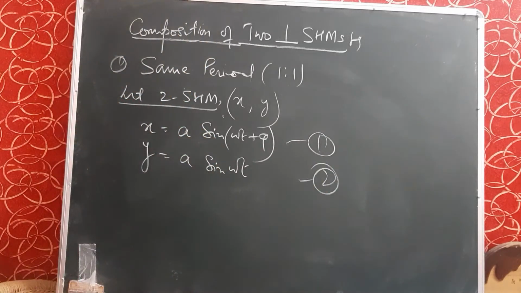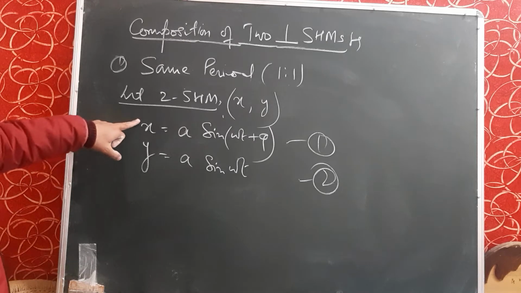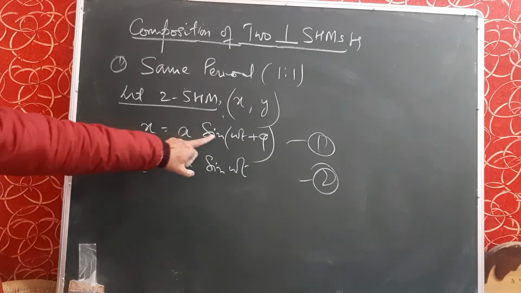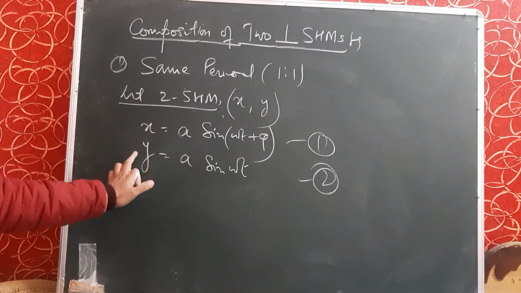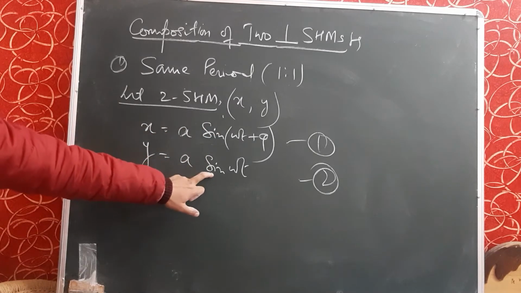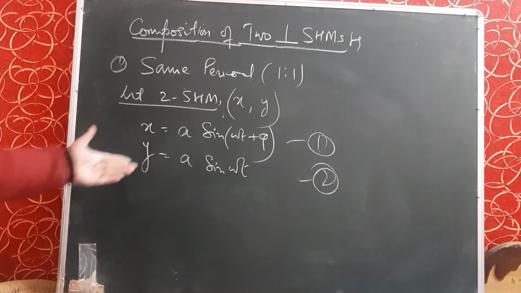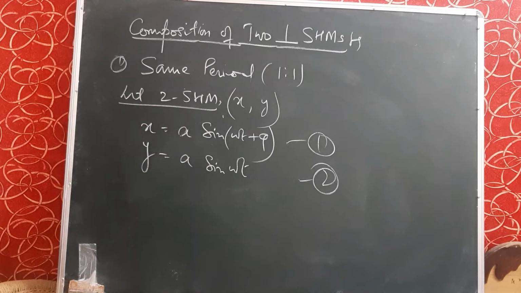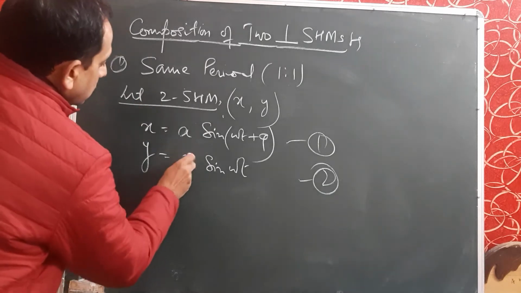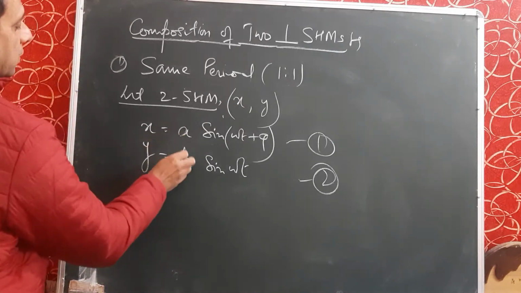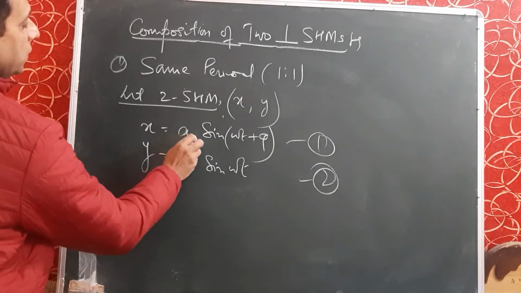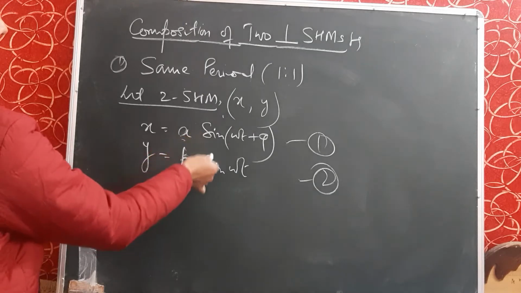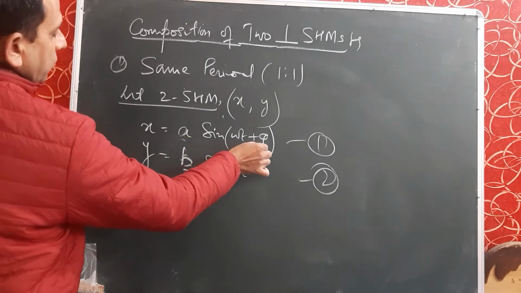So, I have assumed that there are two simple harmonic motions written by x and y. X is equal to a into sine, sine means harmonic function, and y is also consisting of sine, that is harmonic. So, both are harmonic motions. I have taken the constant as a, in the second case the constant as b, and both are sine functions, but there is a difference of phi.